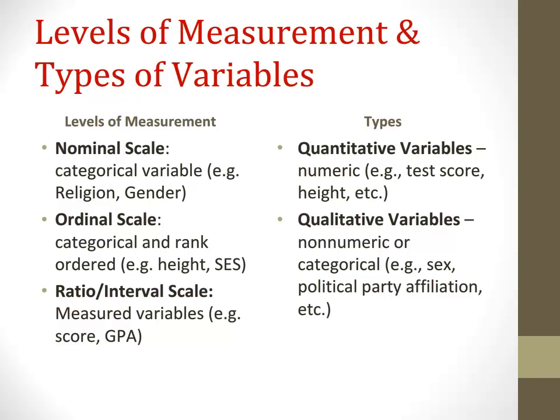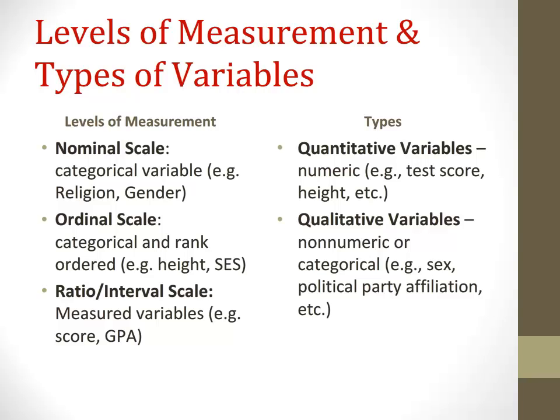We can also distinguish between 2 major types of variables, and that's qualitative variables and quantitative variables. Qualitative variables are non-numeric and categorical variables, often described with words, and quantitative variables are variables that are measured numerically.